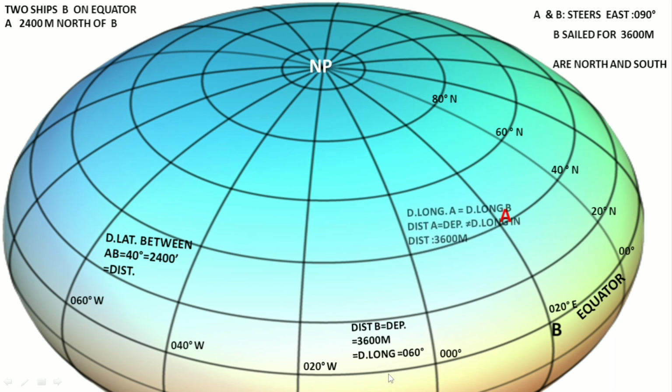But the east and west distance covered by A is not 3,600 miles. The d long of A and B is the same, but the distance covered would be different. So the distance covered by B is 3,600 miles. We'll have to figure out how much distance A has done.